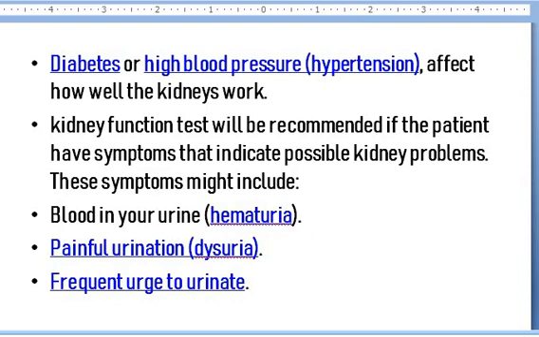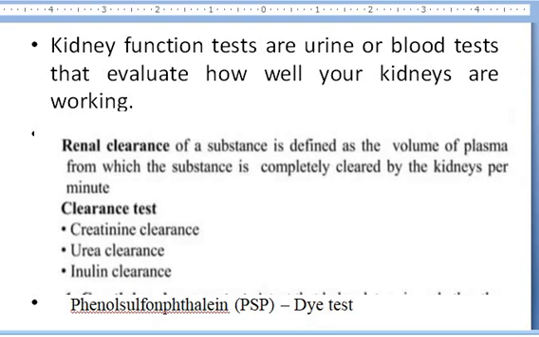Then third, hematuria, that is dark color in the urine because of the presence of blood, painful urination called dysuria, and frequent urination. These are all the cases to be considered for kidney function test.